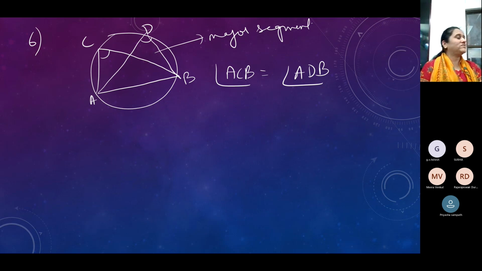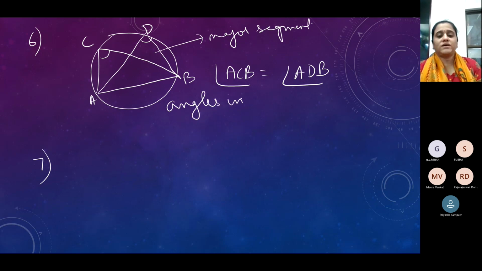So we say angles in the same segment of a circle are equal. Write down: angles in the same segment of a circle are equal.